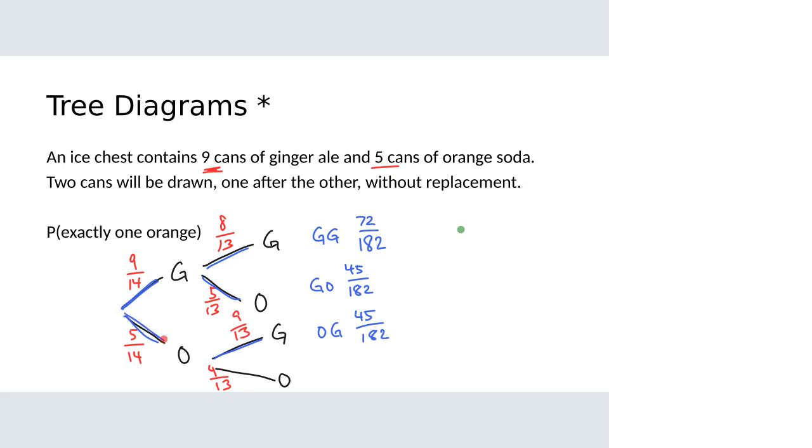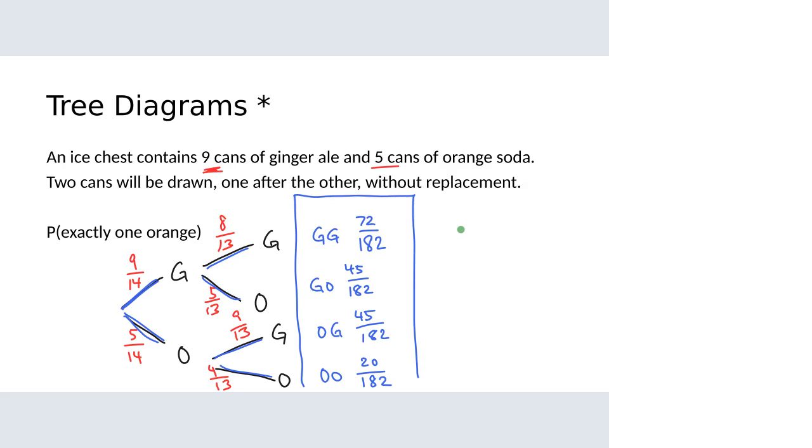Down at the bottom, orange followed by orange, 5/14 times 4/13. 5 times 4 will be 20 out of 182. And so now we've built our sample space. We're done multiplying. Now we're ready to start answering questions.